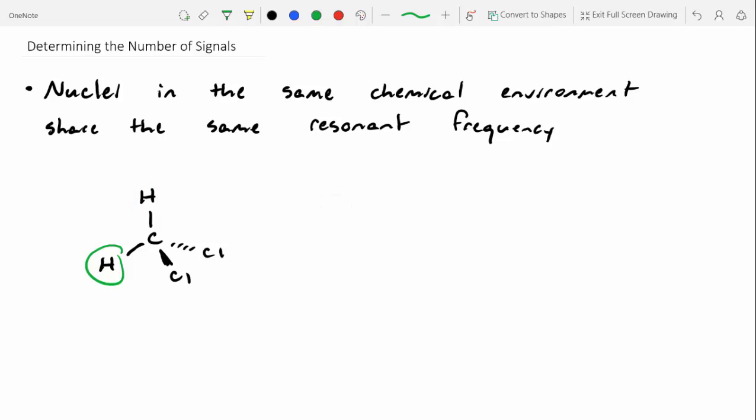So it doesn't matter which side they see it on, as long as the things are there? Yeah, exactly. So in this case, orientation doesn't really matter a lot. It's relative positioning, right? So HA and HB are in the same chemical environment.